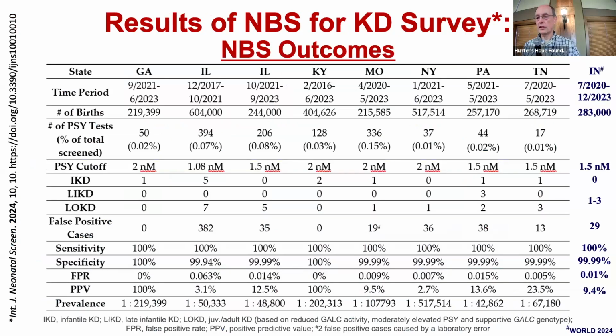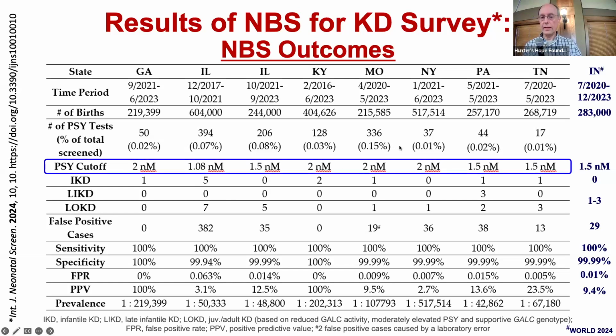And here are the results of the survey. So you can see the states on the top, and you can see that the number of psychosines that are actually necessary are really low, so you don't have to do psychosine very often.